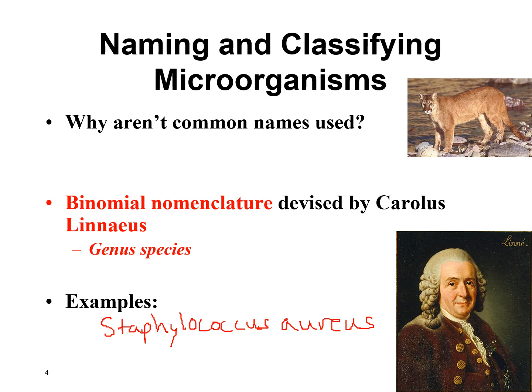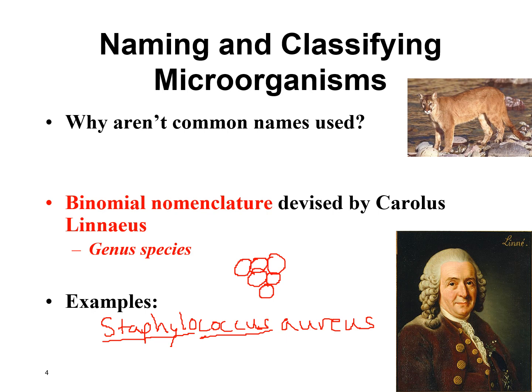And if we take a look at the genus and species name, usually there's something there that gives us a description of the organism. So if we look at Staphylococcus, coccus means round. So if you look at these bacteria under the microscope, they look like little round balls. And then Staphylo means grape-like cluster. When Staphylococcus aureus divides, the cells end up kind of sticking together and they make these grape-like clusters, so you'll see that under the microscope.